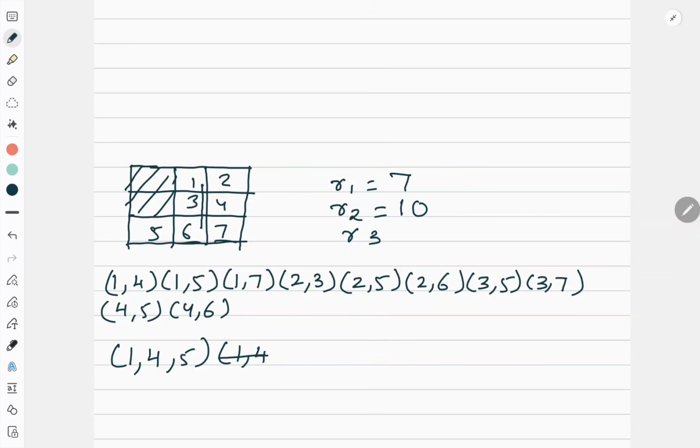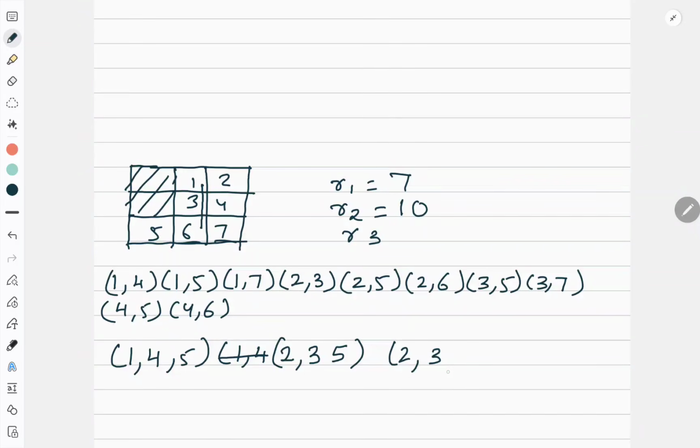So this combination is now exhausted. Right? Now let me check. 1 is over, so 2. So 2 can sit with 3. Okay. Then can I place 4 here? No, 2 will capture it. Can I place 5 here? Yes. Then again you check 2 and 3 are sitting together.